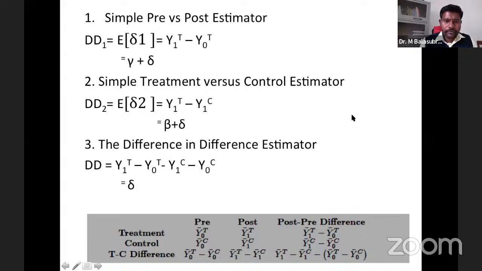Okay, so now combining both, pre and post and with and without, I am developing a third equation. That is the difference in difference.